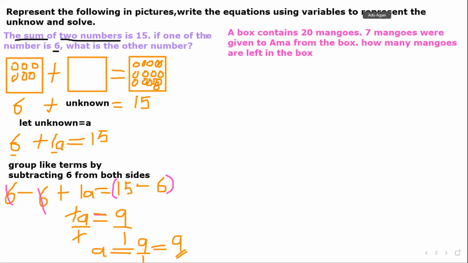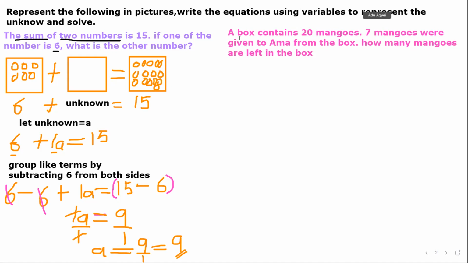Now let's deal with the other one here. The question 2, a box contained 20 mangoes. 7 mangoes were given to Amma from the box. How many mangoes are left in the box? So when you are asked to use guessing method, it will be easy for you to do, but because you are not going to guess for the answer, then you must also think of using the equation to solve this one.